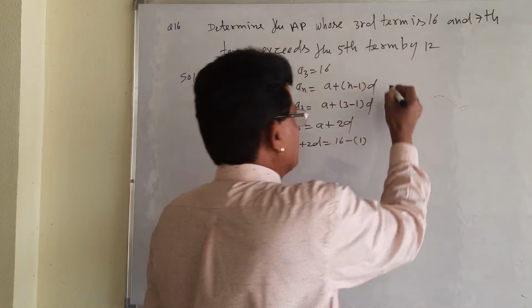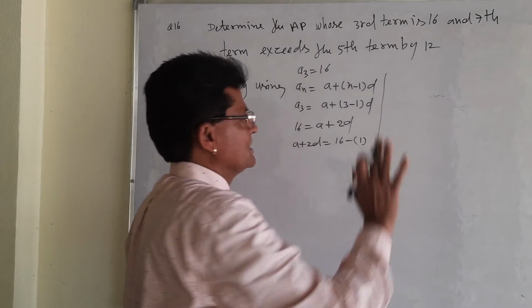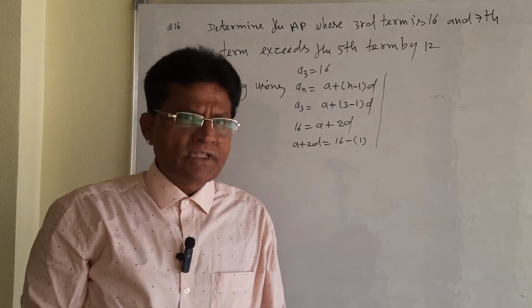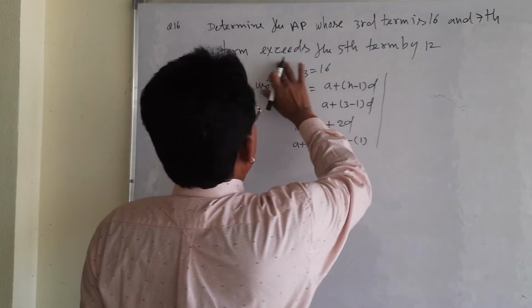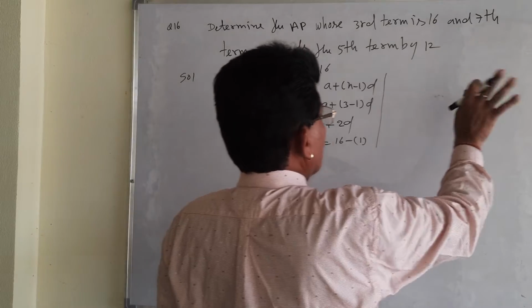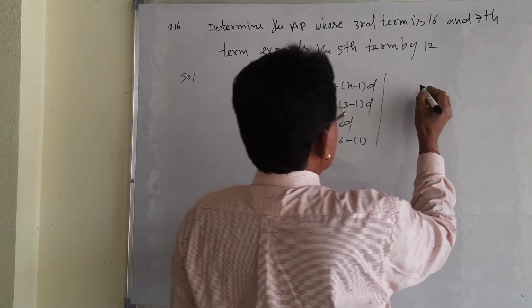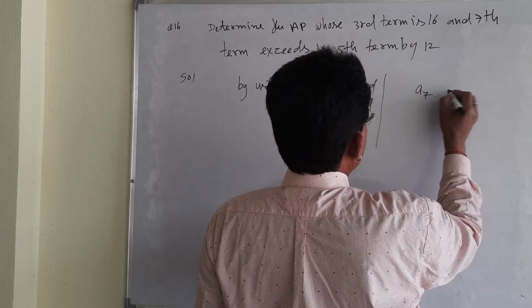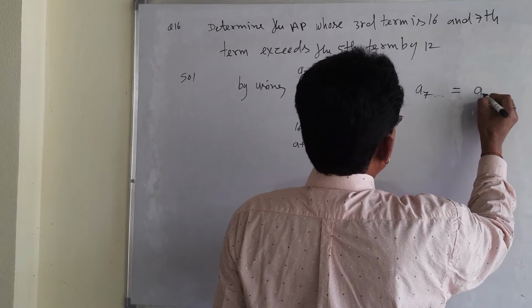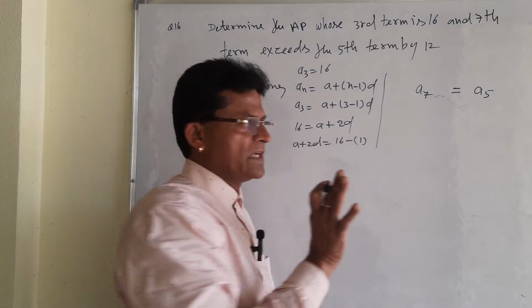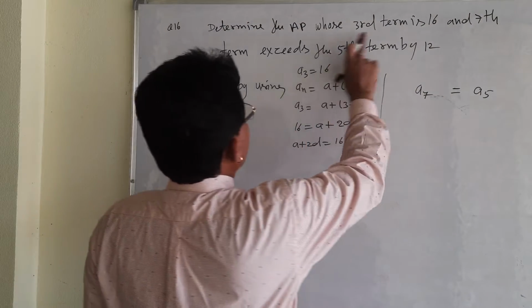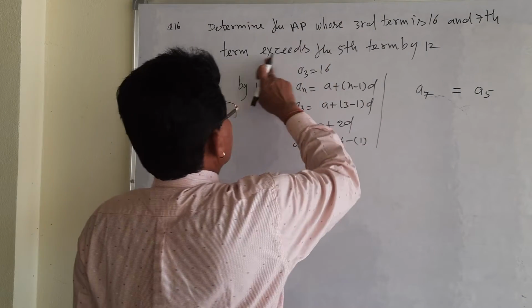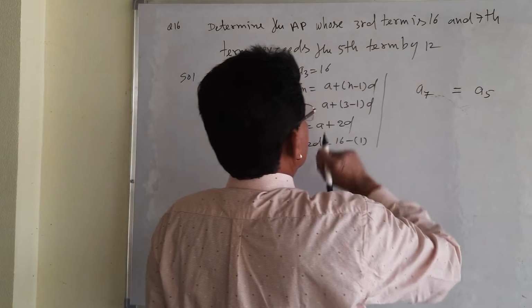Okay, let me take the second case so that you will understand it properly. See, the seventh term exceeds the fifth term by 12.